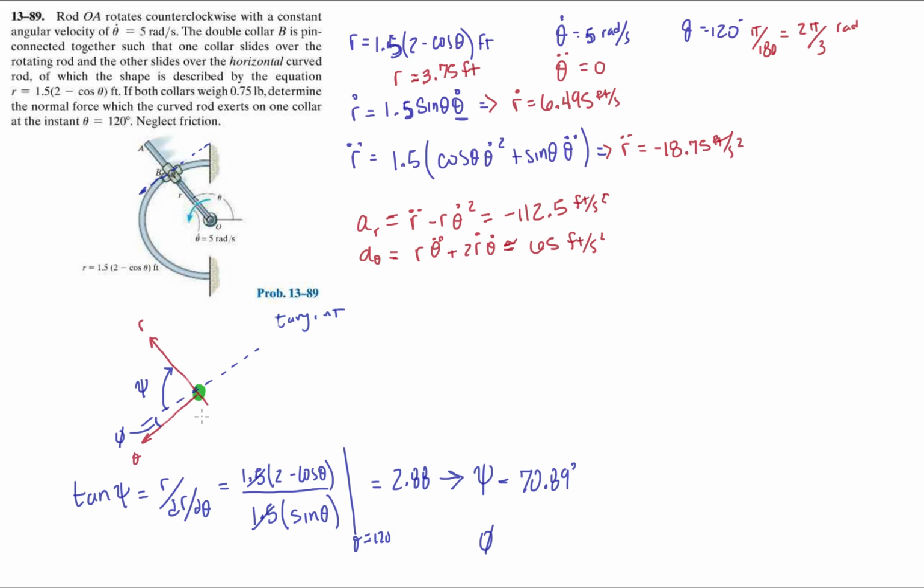So it's 90 minus psi, and then you end up getting phi is 19.1 degrees. Okay. So far we haven't really touched the forces. We just found the angles between the tangent and the radial axis.